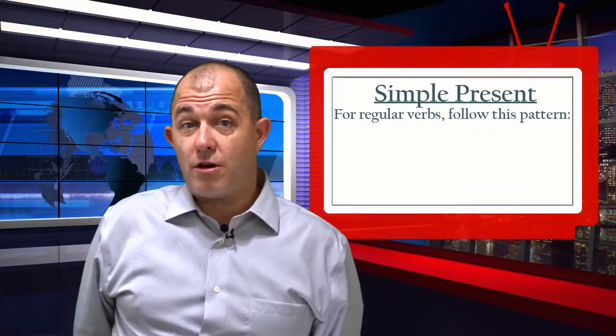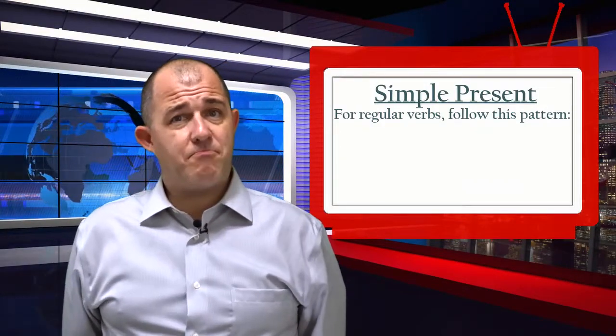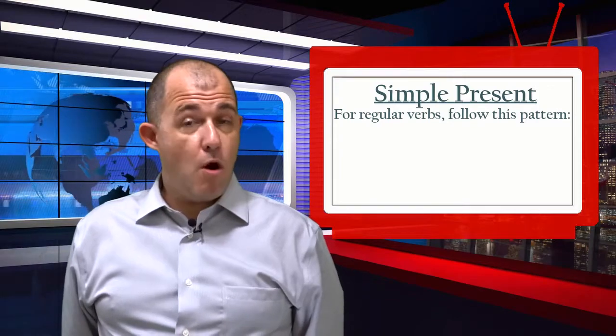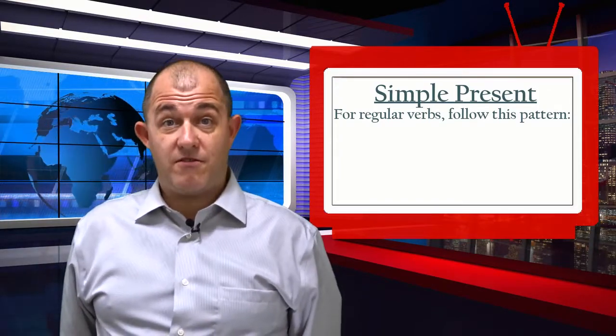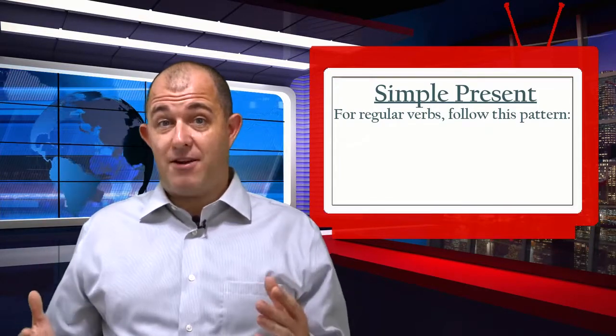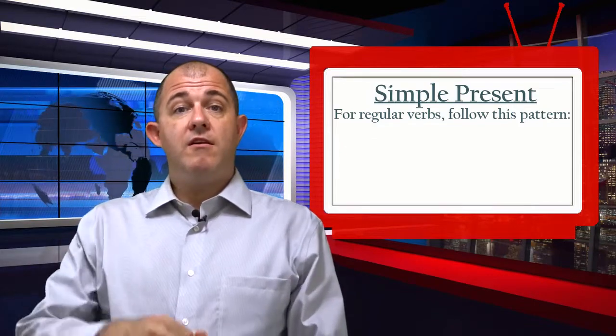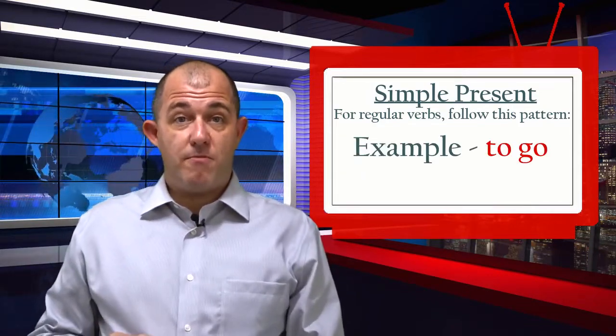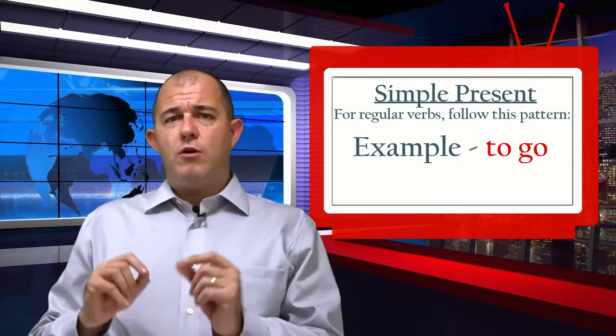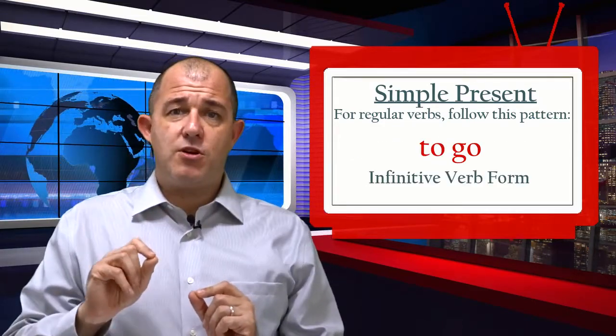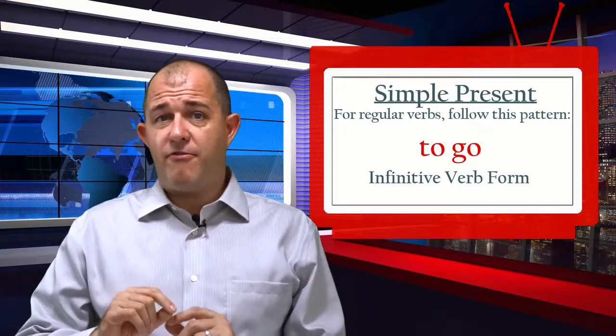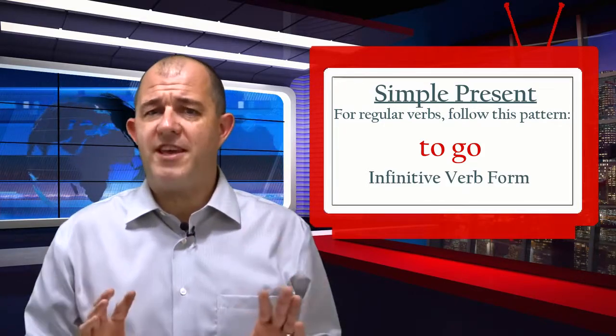The structure of simple present is pretty simple, and most verbs are regular verbs and they follow this pattern. For example, if we take the verb to go, the to form of a verb is called the infinitive, but for simple present, you don't want the infinitive.